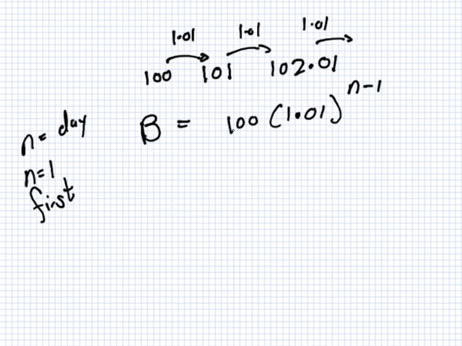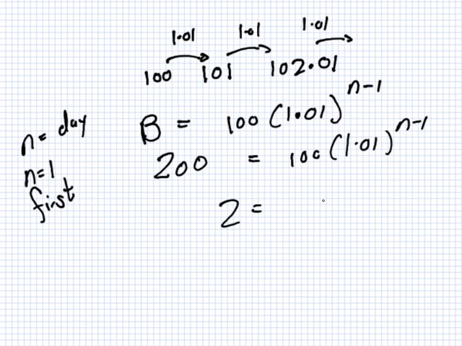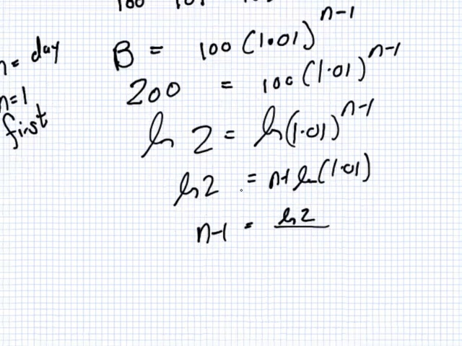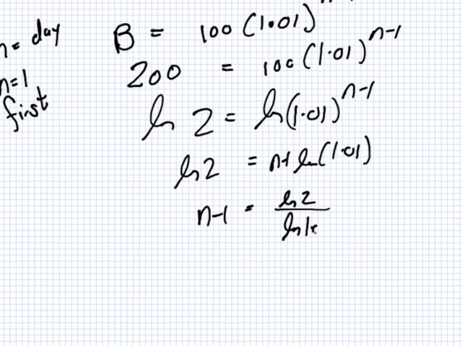Now we want to know how long until we get 200. Well, we divide by 100. And what happens next? We put log on both sides. So we get log 2 equals log 1.01 to the power n minus 1. The n minus 1 comes down, so we get n minus 1 equals log 2 over log 1.01.